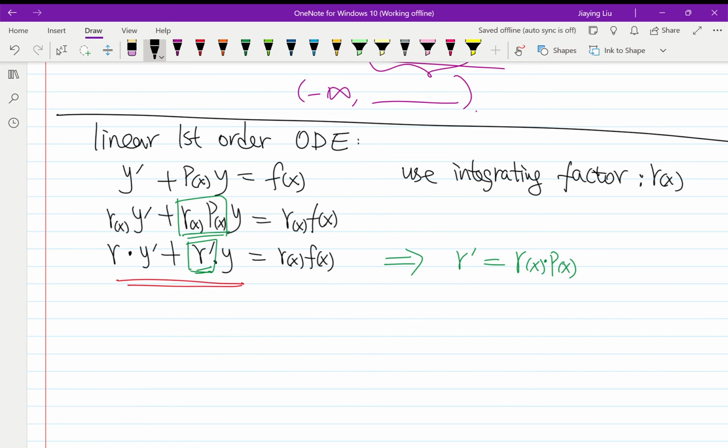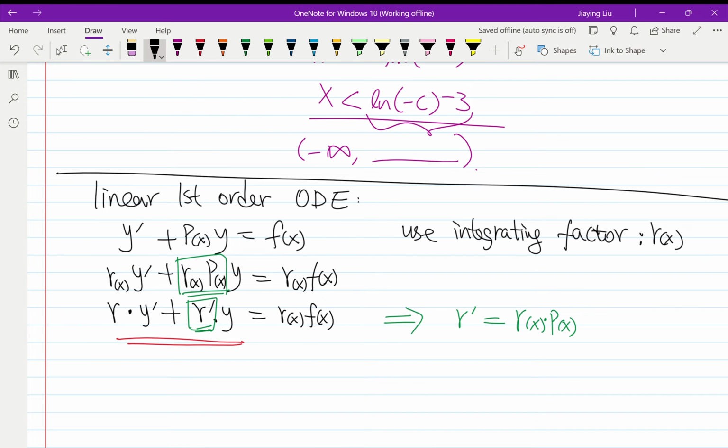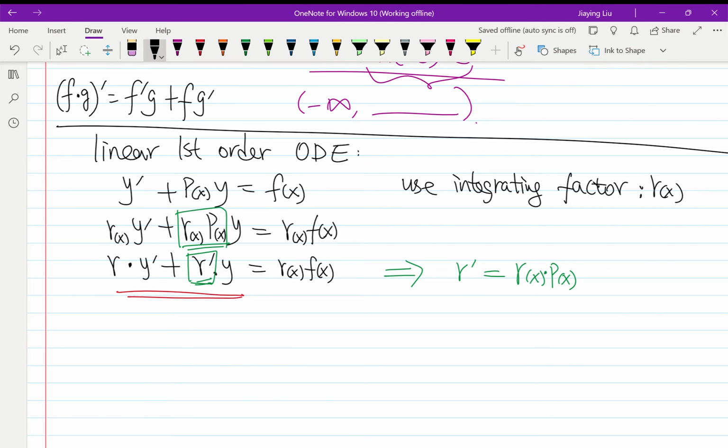The derivative of f of x times g of x becomes f prime g plus f g prime. That's literally what this is. That's just one side of the product rule, which allows us to rewrite the left-hand side as the derivative of the product of R times y.